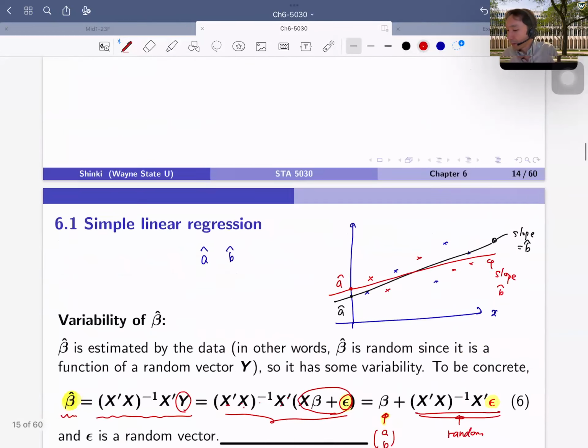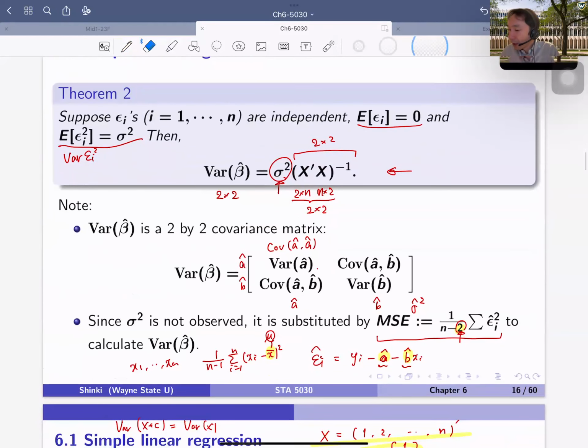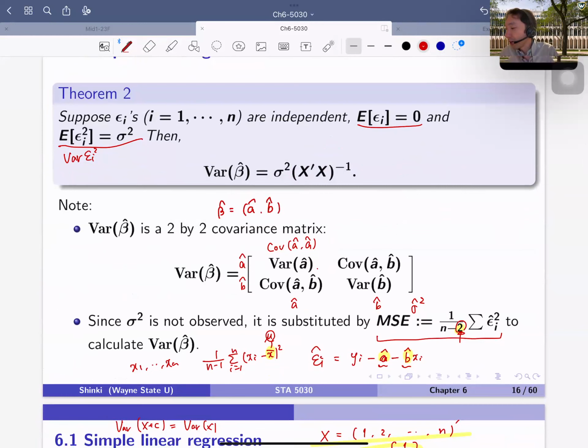And also, we have a formula for variance of beta hat. So beta hat is a hat and b hat, and this depends on our observations. If we have 10 observations, the true values of a and b are not observable, but we can just estimate a hat and b hat. If we have another set of 10 observations, our a hat and b hat may be different.